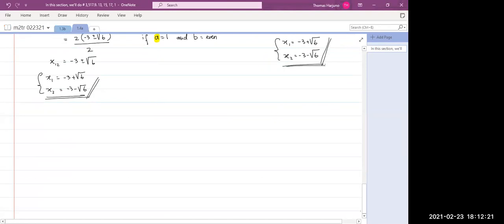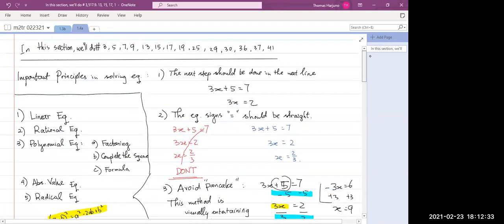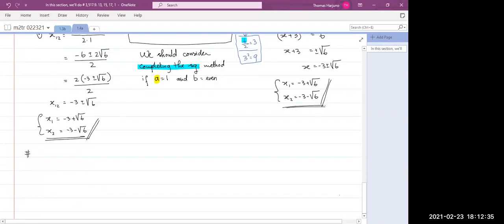And therefore I'm done with the quadratic equation. Let's go on to polynomial equations, like number 30. Let me do number 30 first.